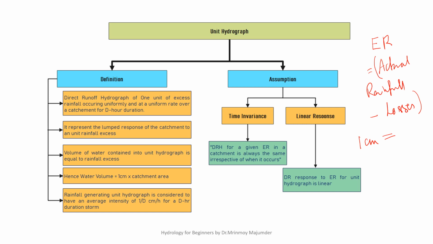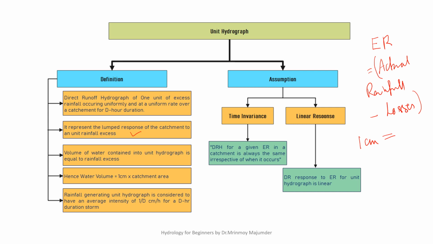But remember that this unit hydrograph has huge assumption errors. That means due to these assumptions, there is a lot of error in the representation of unit hydrograph. That is why they say that it is a lumped response of the catchment to a unit rainfall excess. Okay, so check the second point. It represents the lumped response of the catchment to a unit rainfall excess, not a distributed response.